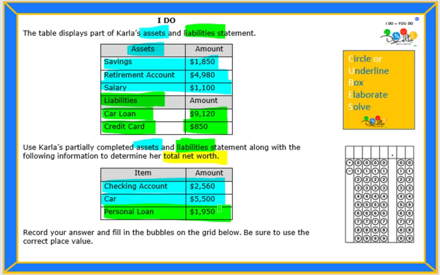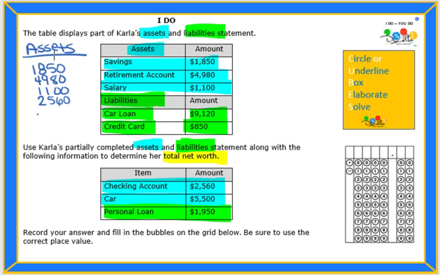So now we can figure out the net worth because we know all of the assets and the liabilities. Let's put those together. For the assets, we have the ones that they gave us, 1,850, 4,980, and 1,100. And then from the bottom, we figured out that the checking account is an asset, so 2,560.